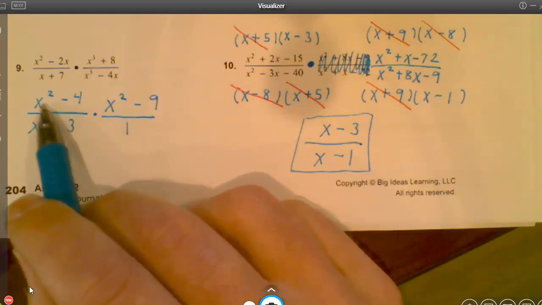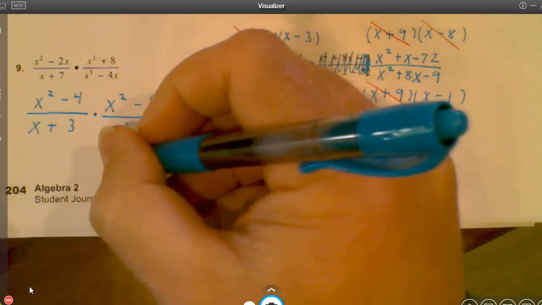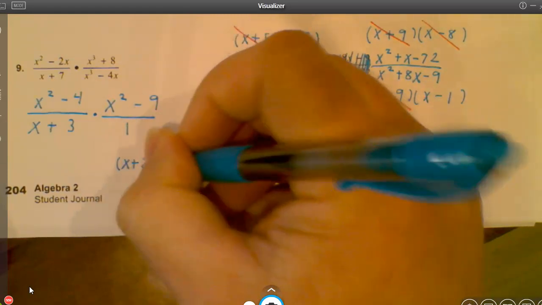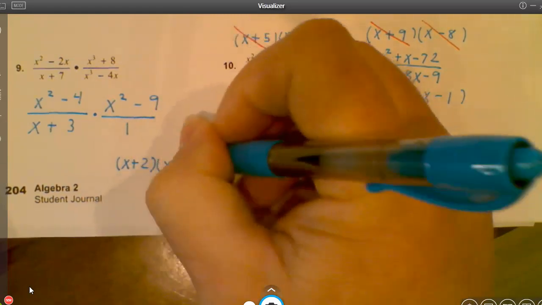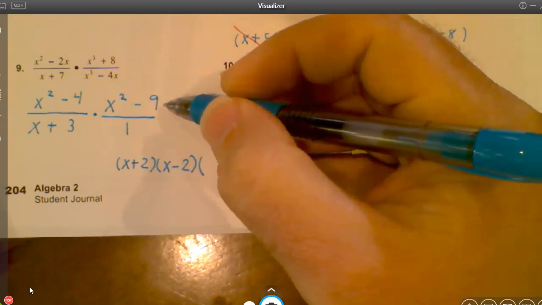So on top, I have my difference of two squares. So that would become, I'm going to put it over here, x plus 2 and x minus 2. I got another difference of squares right here. So that would be x plus 3 and x minus 3.